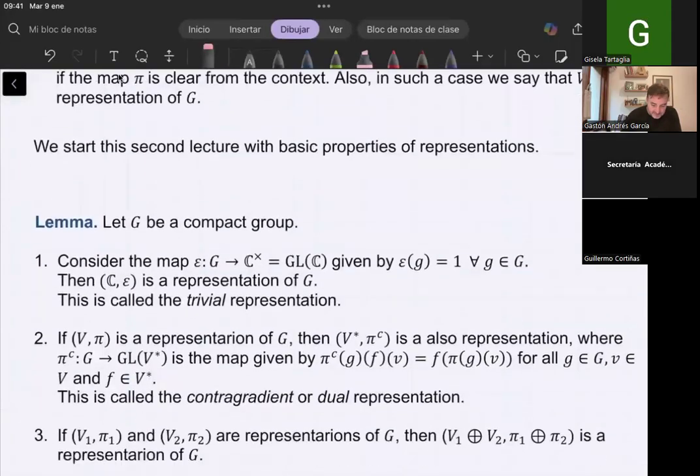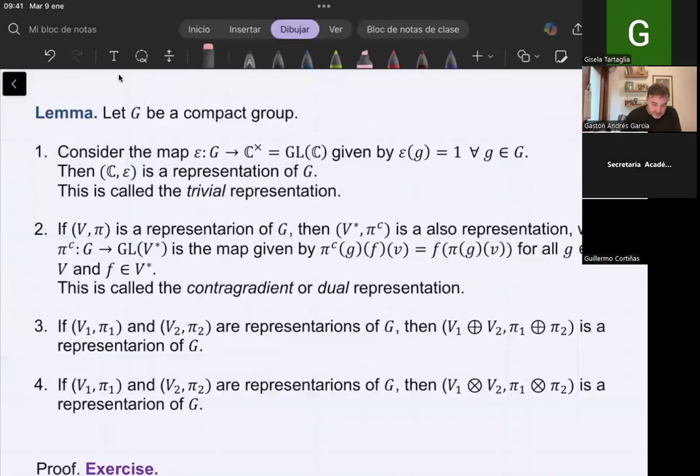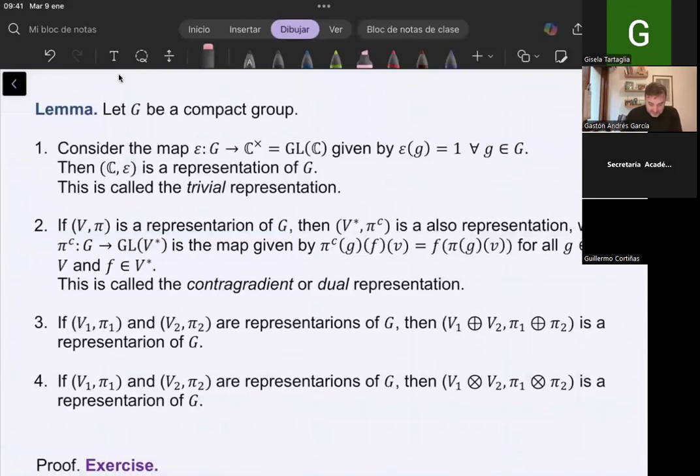Okay, so let's start with some easy lemma. This easy lemma will give us some linear representations that any group has. For example, the first one is that any group always has the trivial representation.